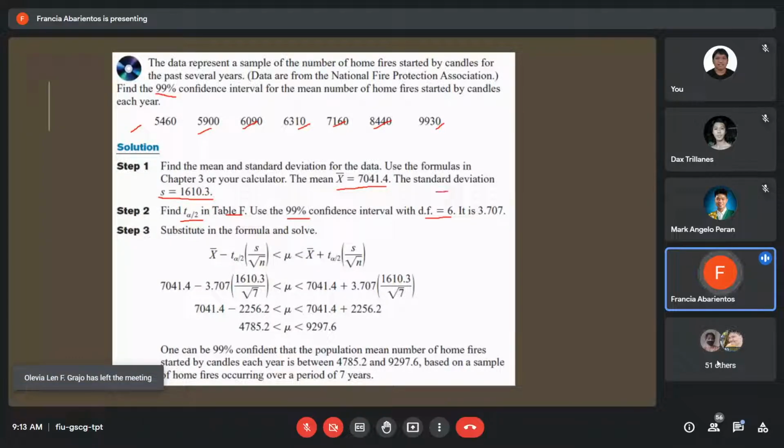So this is 7 minus 1, so we have now 6. Using the table, we have 3.7074.